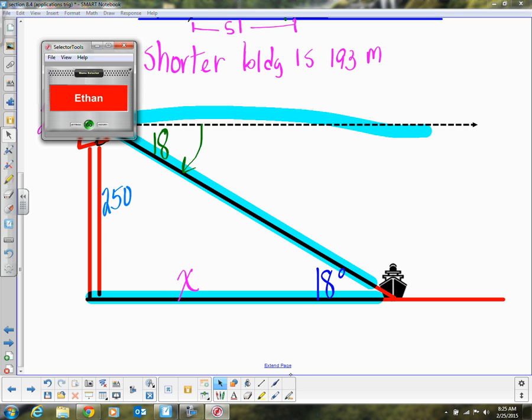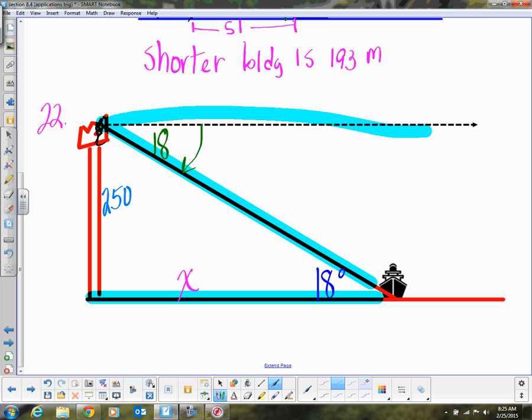What's our next step? Set up your triangle before our trig function, to help us set up the trig function. Label the hypotenuse. Who is opposite? 250, all right, and then the adjacent. All right.